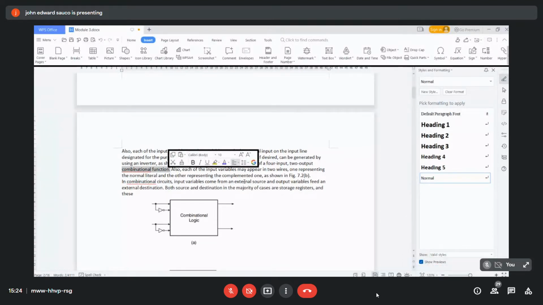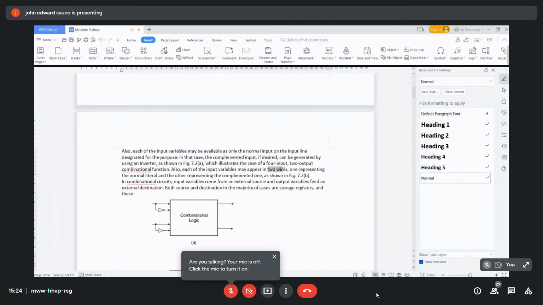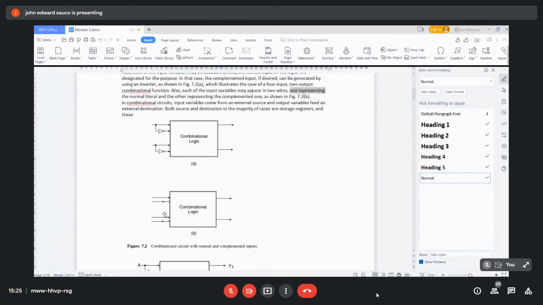combinational function. So, meron 2 wires na one representing normal literal and other representing the complement one. So, ito yung B. I-represent ang complement one na wire kung may inverter. Okay? So, ito lang yan.